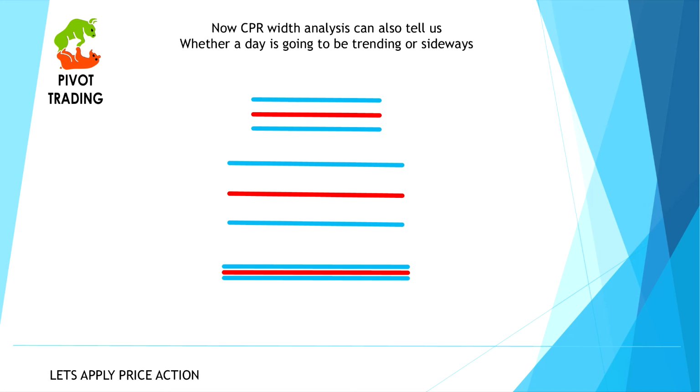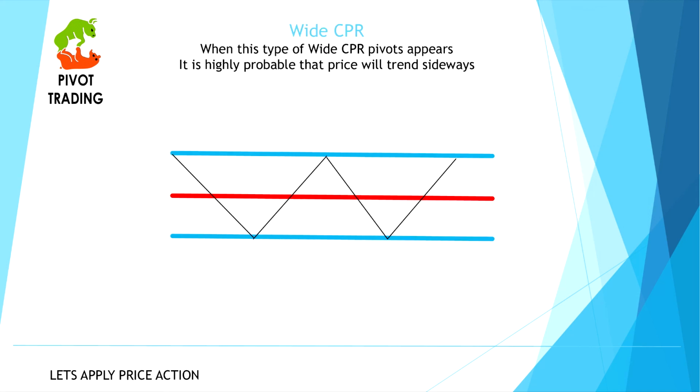Now we will learn how CPR width analysis can tell us whether market is going to be trending or sideways. Now, look at this diagram. It shows the top central line and the bottom central line away from the pivot. This indicates that the market may run sideways.